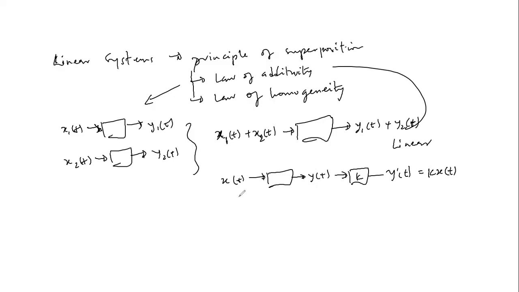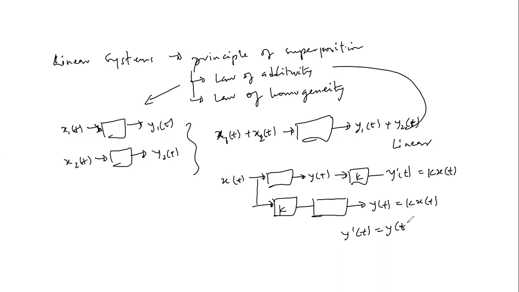And then should we transmit S of t through a scaling parameter and then pass it through a system, then our output should give us Ks of t. So should Y prime of t be the same as Y of t, then we will say the law of homogeneity applies, then we say the system is linear.